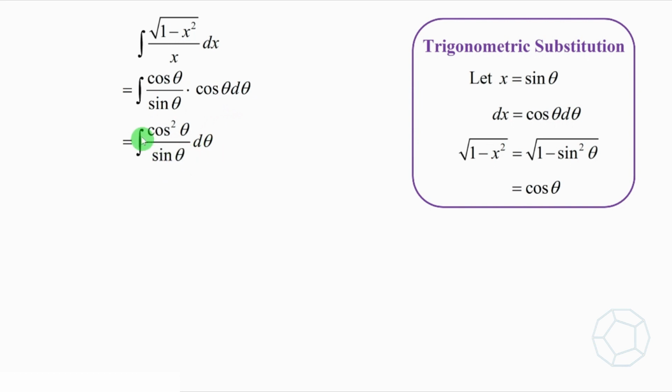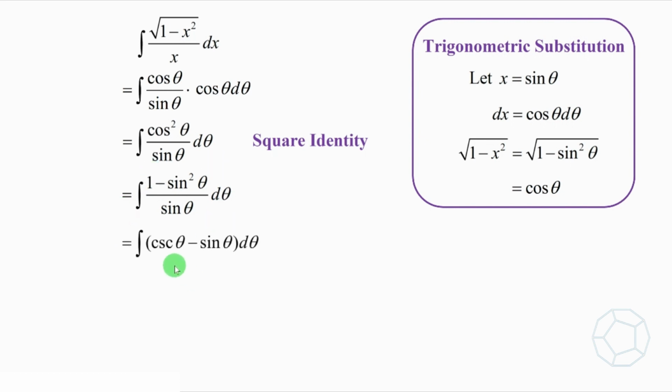At this point, how can we move on? For the numerator cosine squared theta, we make use of the square identity, which is equal to 1 minus sine squared theta. Then we can separate the integrand into two parts, which is cosecant theta minus sine theta. This one is not hard to evaluate. Recall the integration formula.